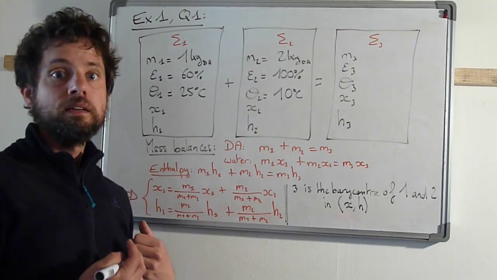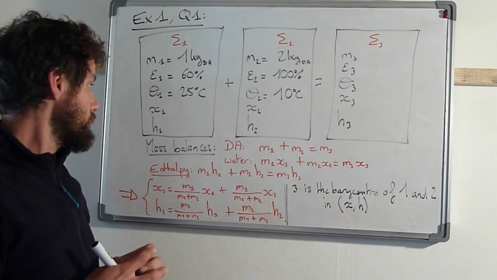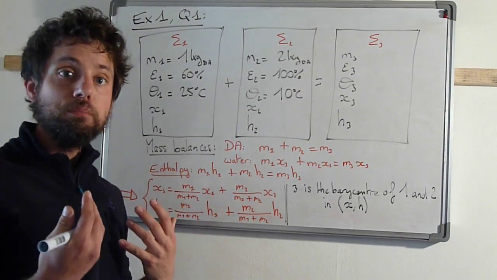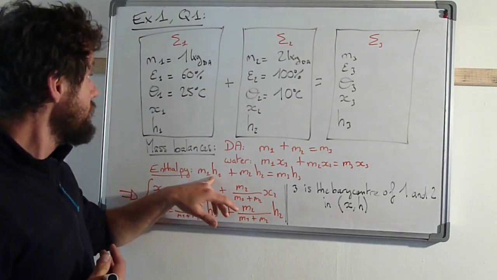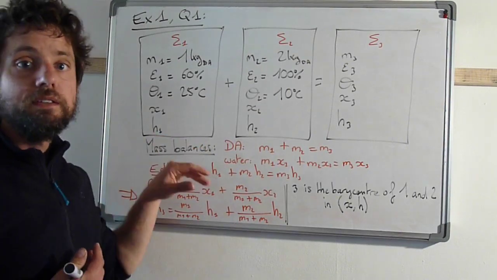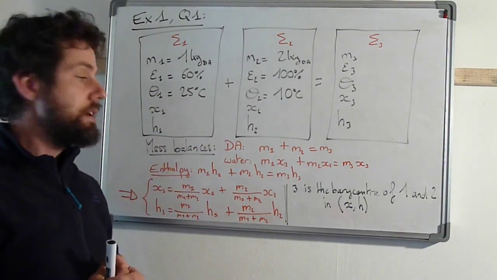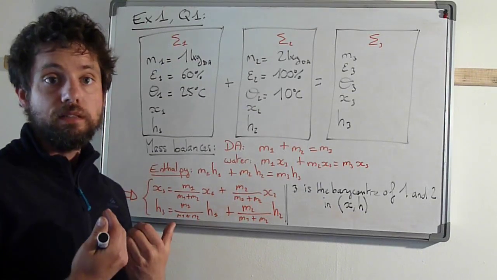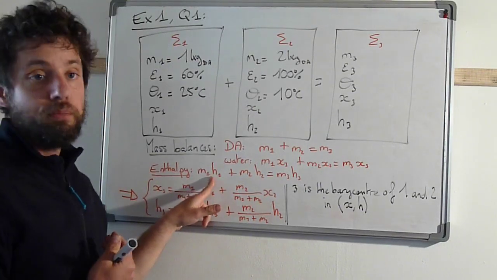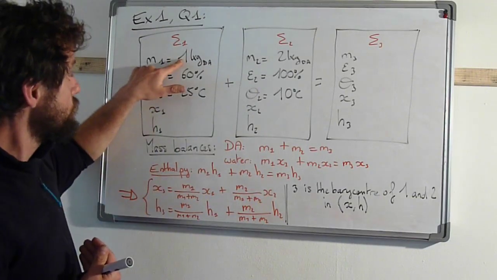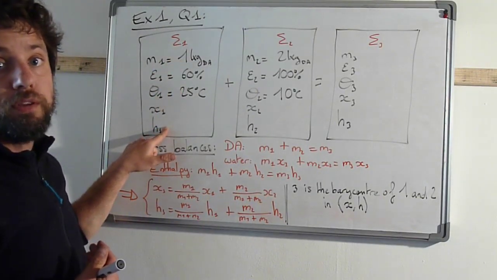Similarly, we can do the balance of enthalpy. The enthalpy H is defined in energy per unit of mass of dry air. So if we want to do the balance of enthalpy, we simply multiply the mass of dry air by the specific enthalpy for each system.